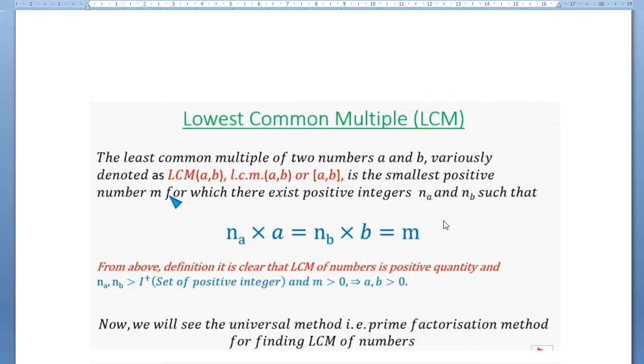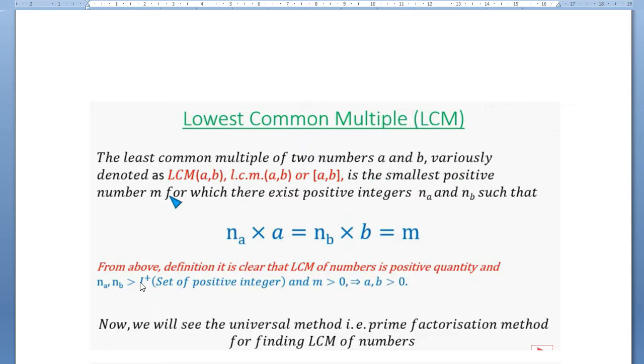NA is one positive integer, A is the factor, and NB into B will equal M.